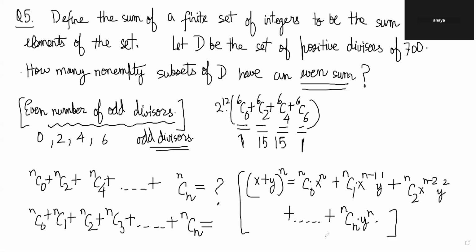So what is the value of NC0 plus NC1 till NCN?